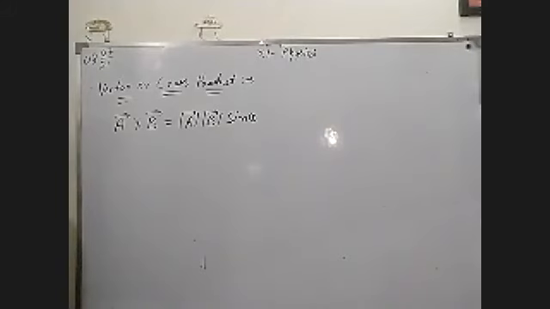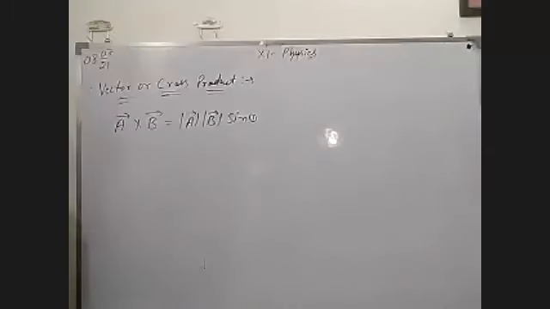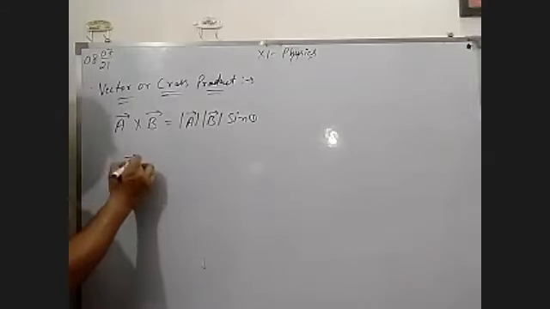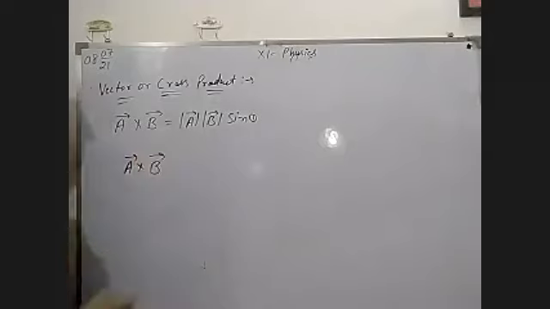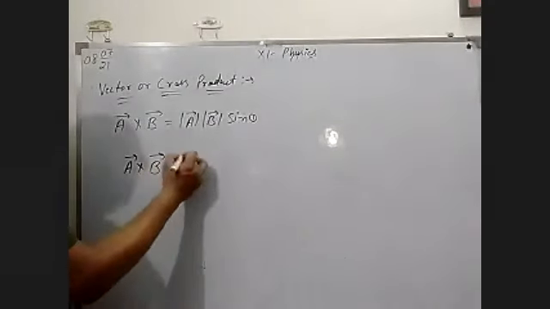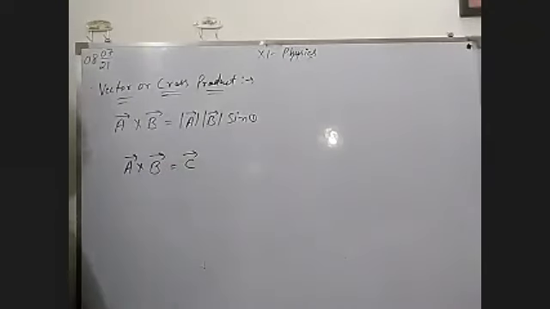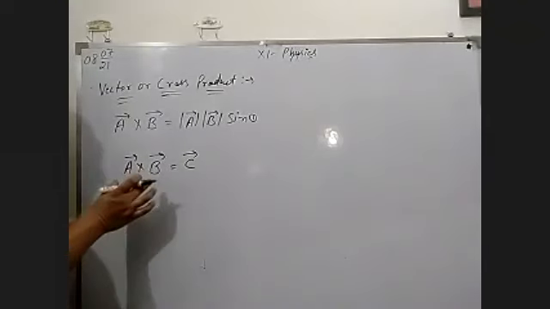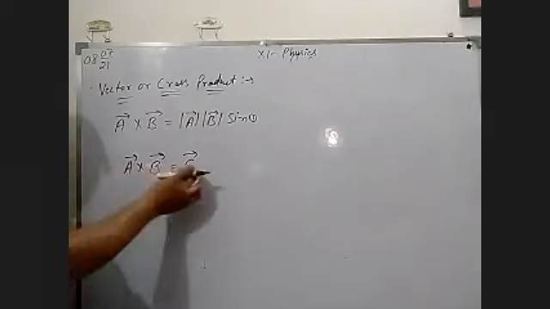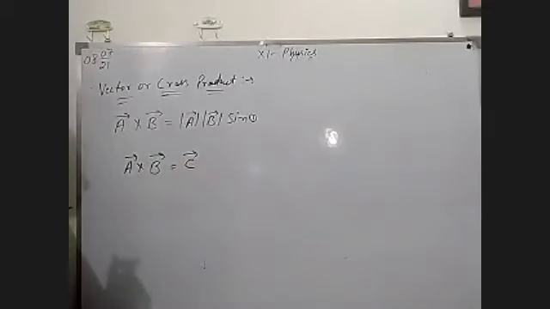And one thing is there, the cross product of these two vectors represents a third one. Suppose you are taking vector A cross vector B, then it gives you the vector C. Means the vector product gives you the value in vector form.